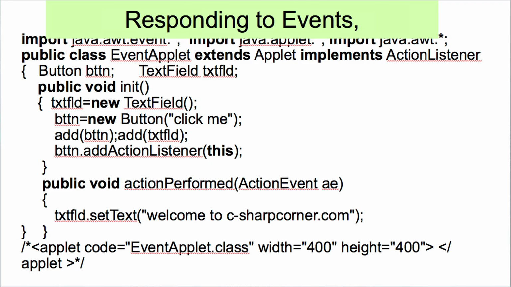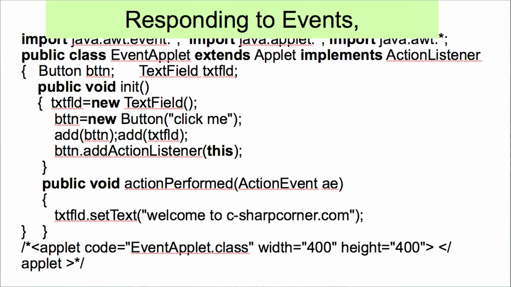Now see the public void init function. Inside this init method, first the TextField object txt equals new TextField, which means we are adding one text field. As well as bttn equals new Button, and by this line we are adding one button.